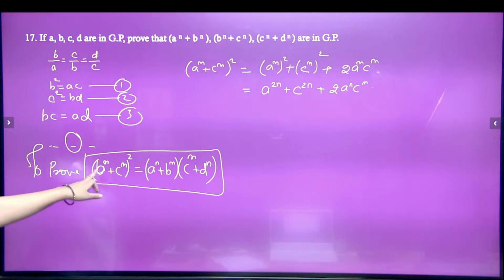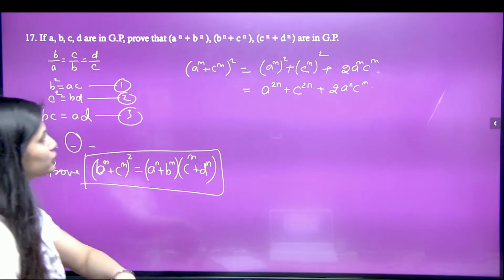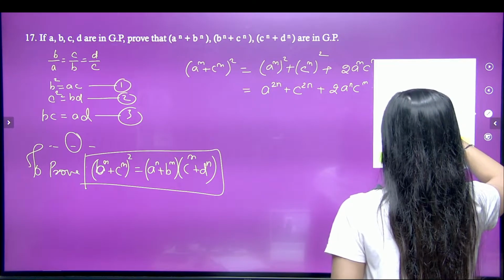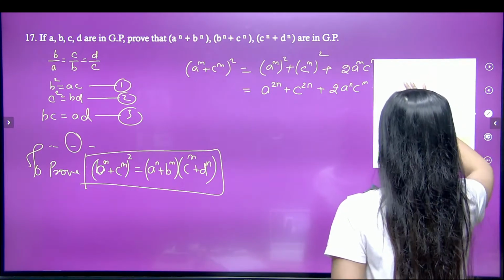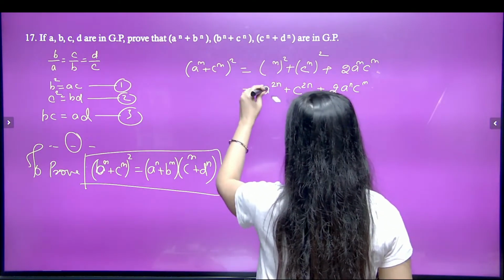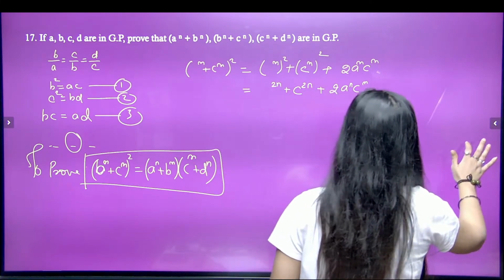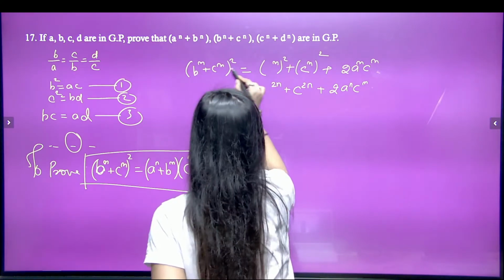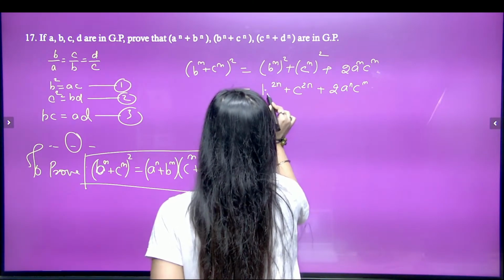I'm sorry, it should be b here, not a. Correct it, I'm sorry. So it is b here and again we have b here.